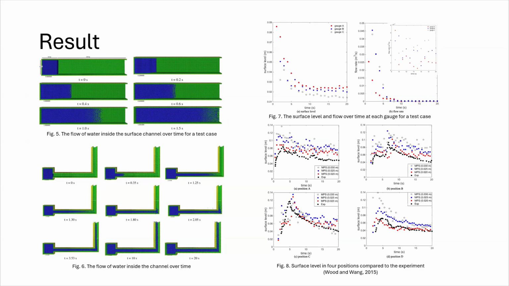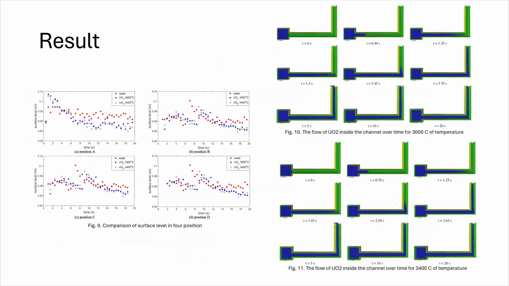Because the data have a good agreement, the simulation proceeds to the next material, that is uranium dioxide at 3000 degrees C and 3400 degrees C. This is the data from the simulation.